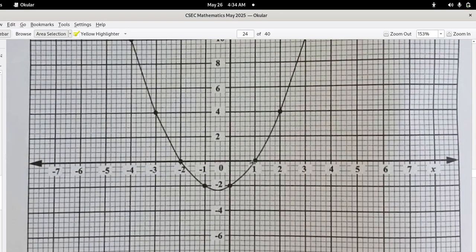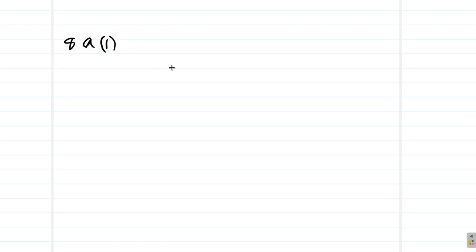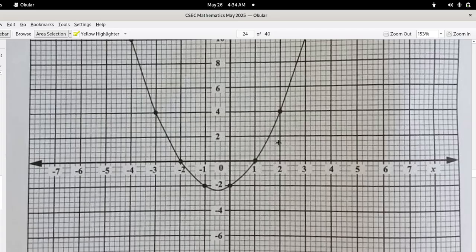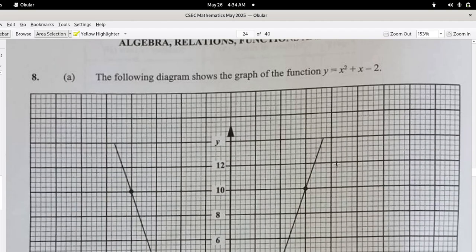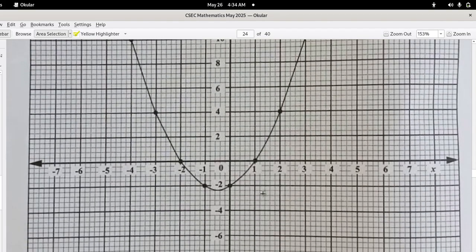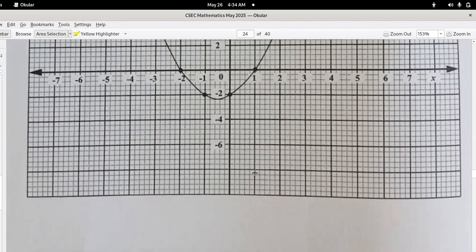It's x equals negative 2 and x equals 1. Those are the roots. That's where the function is equal to 0, where the graph of the function intersects the x-axis.